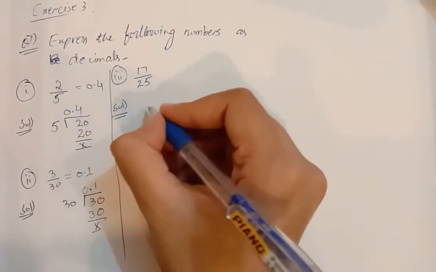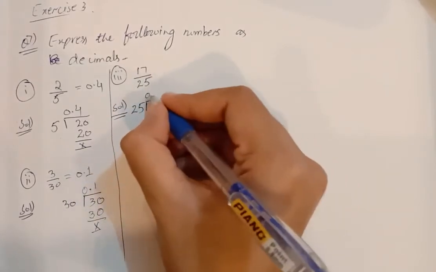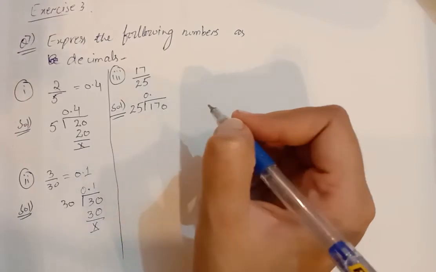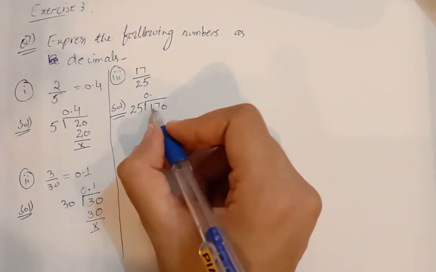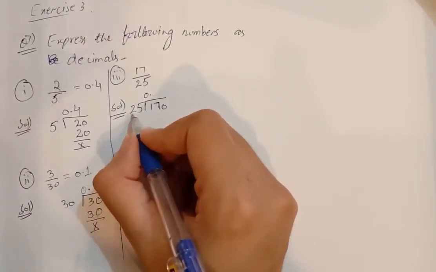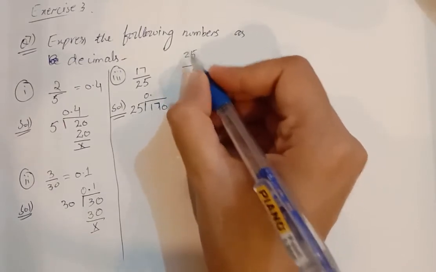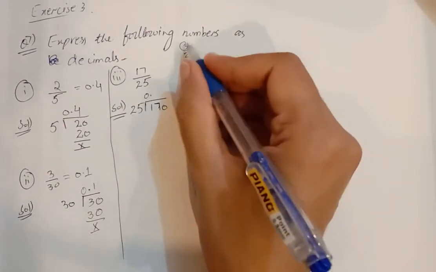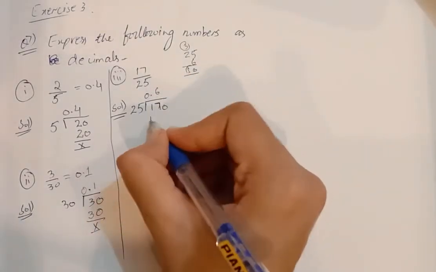Okay. Now next, 17 is divided by 25. 0.0. So if we multiply 25 with 6, 5 6s are 30, 0, 3 carry, 6 2s are 12, 13, 14, 15. This is 150. So 6 are 150.